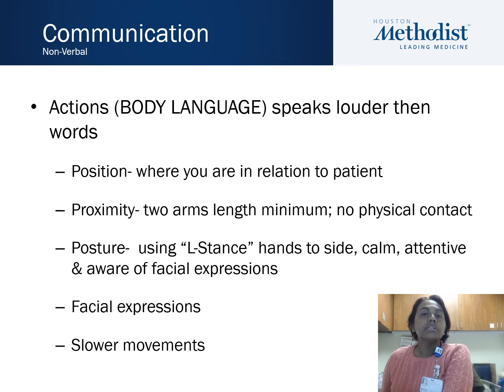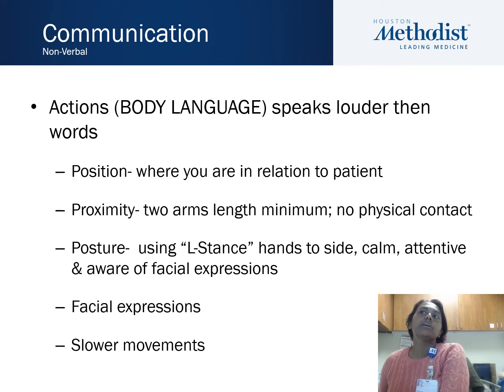Body language is one of your first interventions before you even get to a difficult situation. So we break body language down into about 5 components here. Let's look at the one about proximity. We're keeping 2 arm lengths distance from people except whenever we are doing interventions with them.